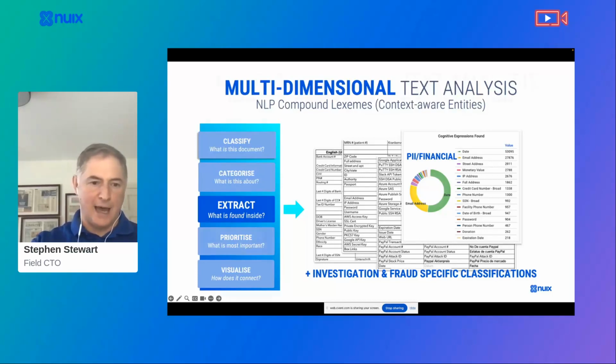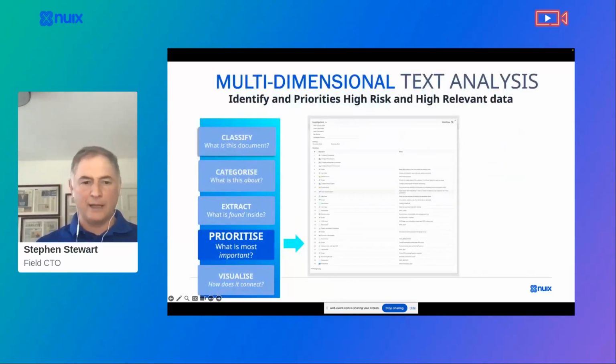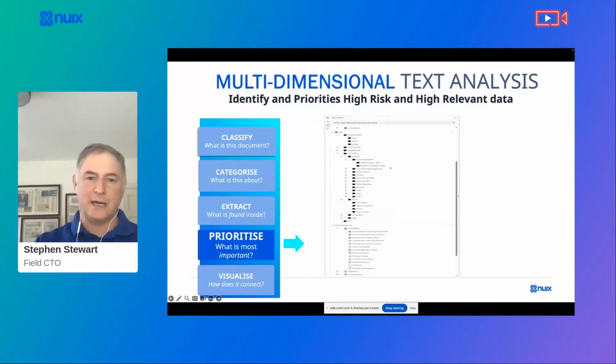So if I take that and think about, okay, that's great. I can understand what the document is. I can categorize it. I can extract the information out of it. The next thing is how do I start to think about prioritizing? And prioritization goes to things like risk scoring. In each one of those instances, let's take, for example, a US tax document.